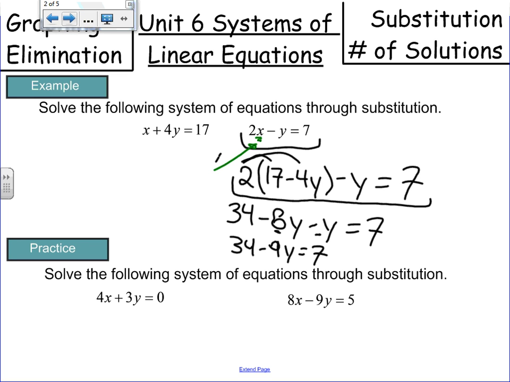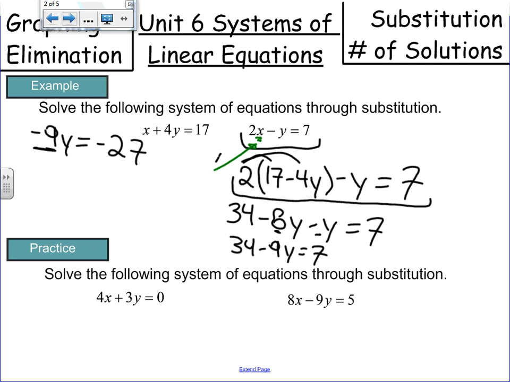Okay, I'm going to move this up here. I'm going to subtract 34 from both sides. So I have negative 9y is equal to negative 27. The negative 27 came from 7 minus 34. Finally, how do I get rid of this negative 9?